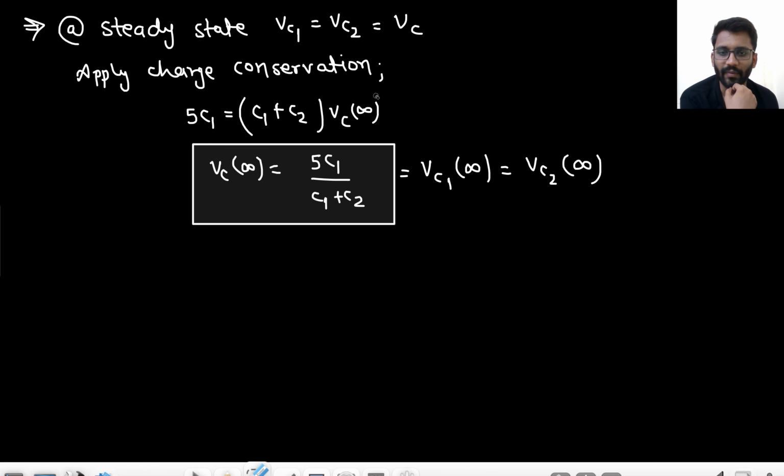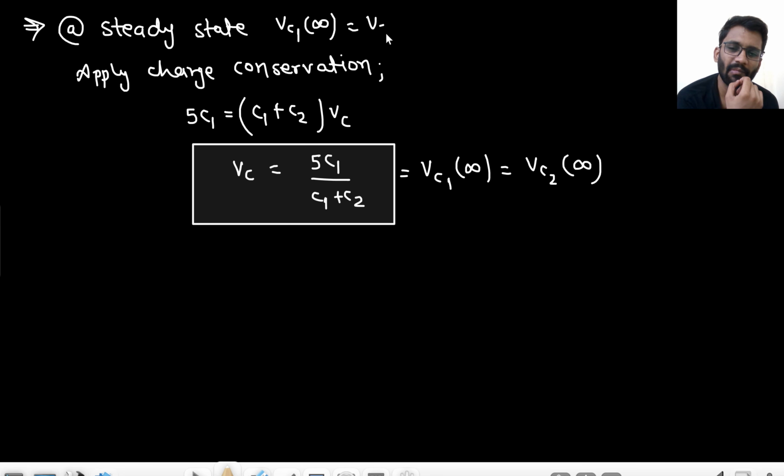Actually, we shouldn't write Vc infinity; we should have written that at steady state, Vc1 infinity equals Vc2 infinity equals Vc, right? So this is the condition.